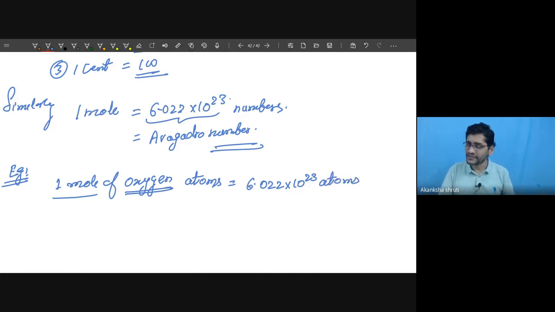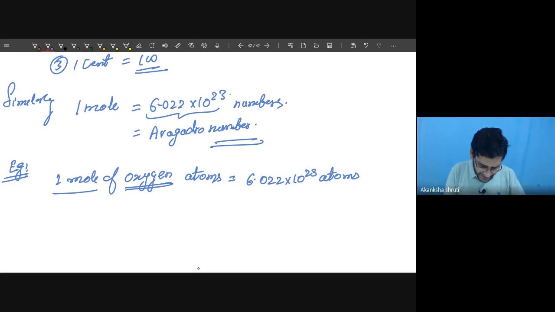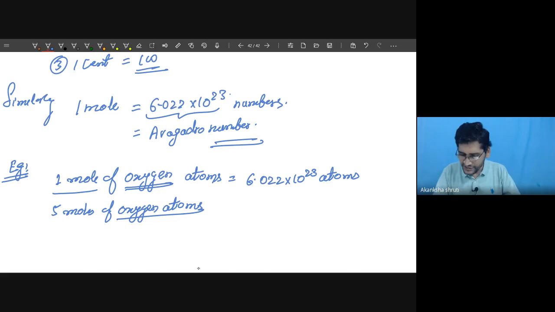Are you getting, student? It is like this. If I am saying 1 mole of, let me take 5 moles of oxygen atom. Keep in mind, I am writing here atom, so I need to concentrate on atom on the right hand side.